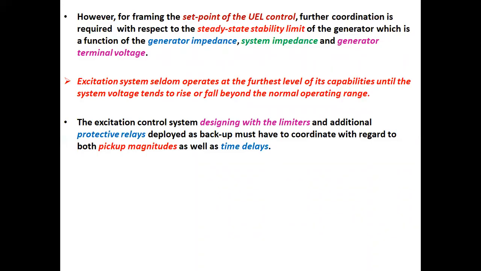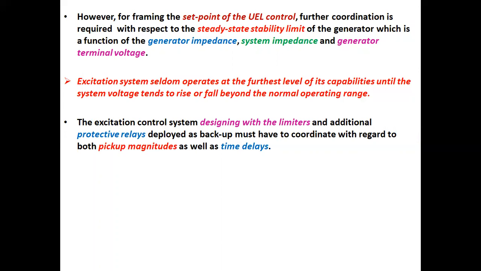However, for framing the set point of the UEL, that is the under excitation limit control, further coordination is required with respect to the steady state stability limit of the generator, which is a function of generator impedance, system impedance, and generator terminal voltage.